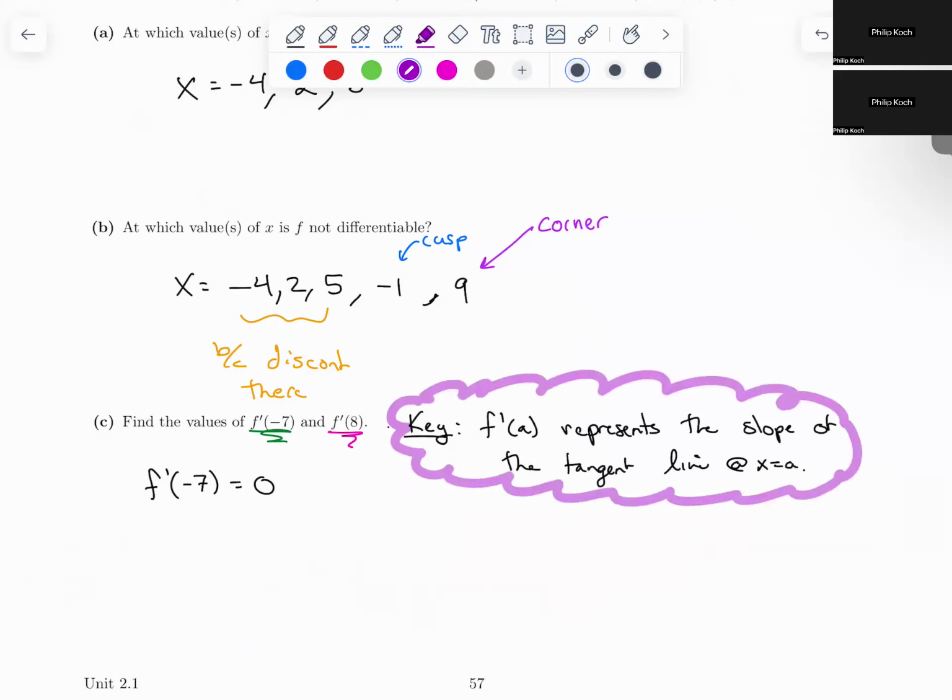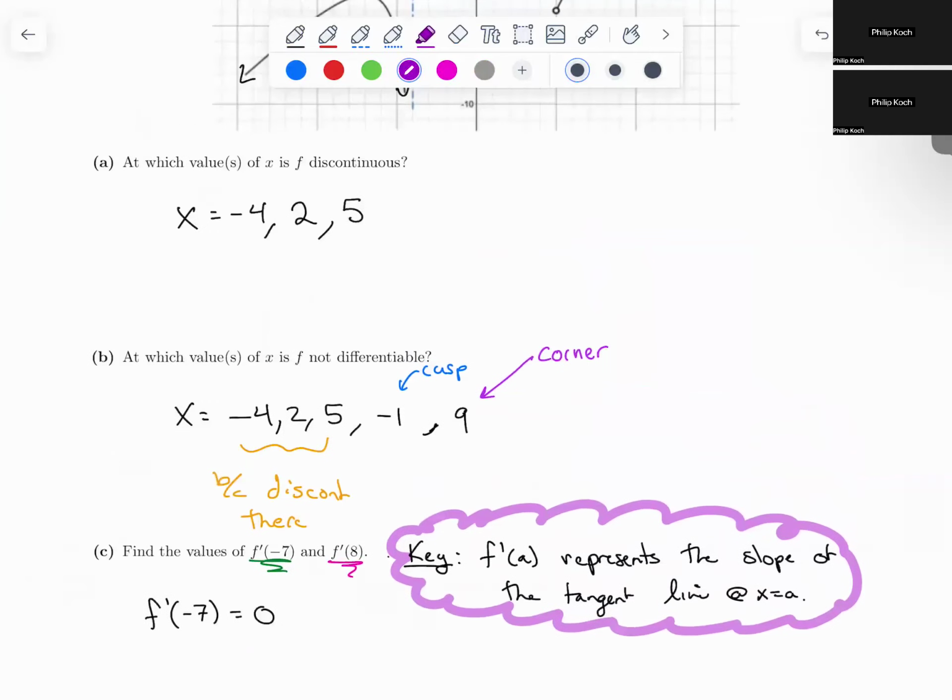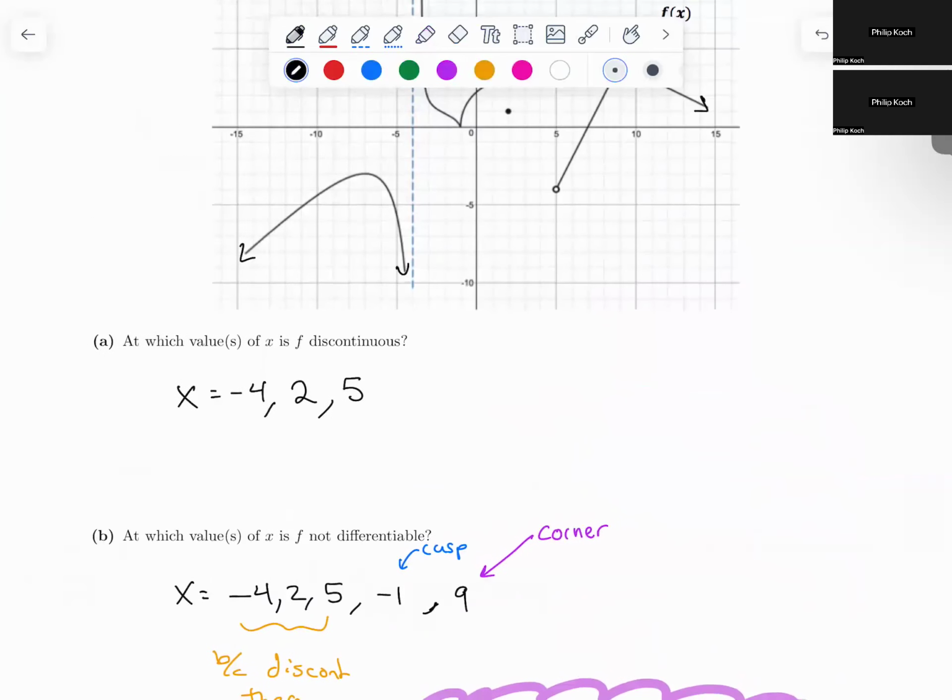F prime of A, when you plug a specific value into the derivative, you get the slope of the tangent line at that point on the curve of f. So, looking at it, don't worry if you don't have that listed. I will take care of it in a second. There's the point on our curve, f, and then if I were to draw a tangent line through there, it would be 0.